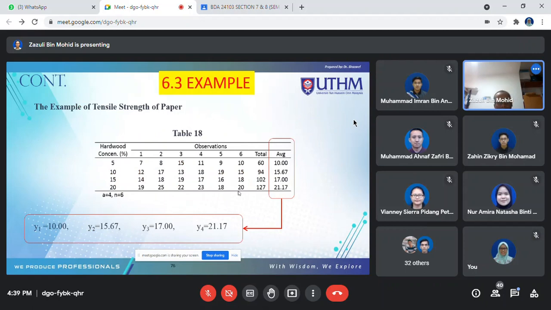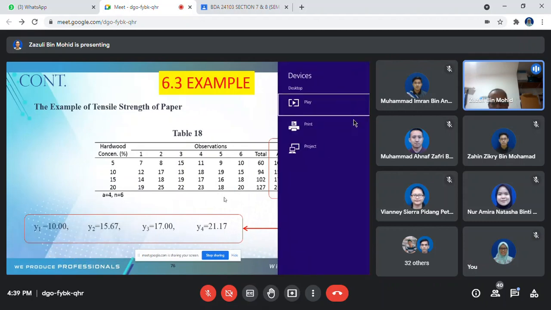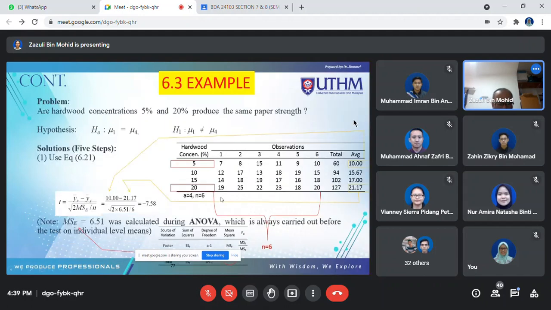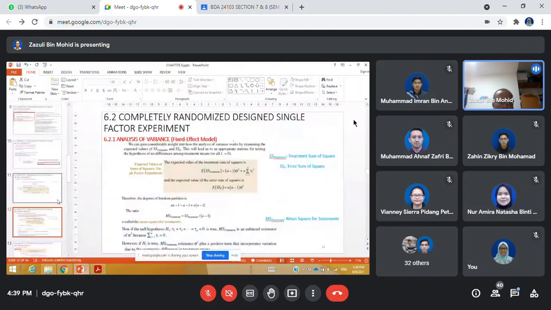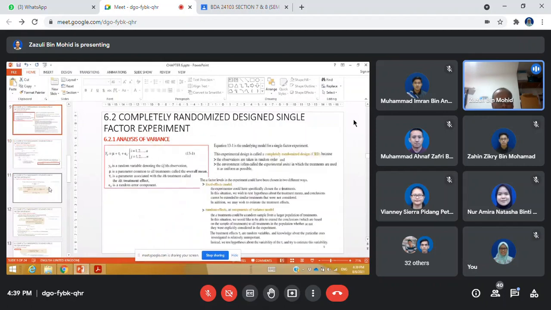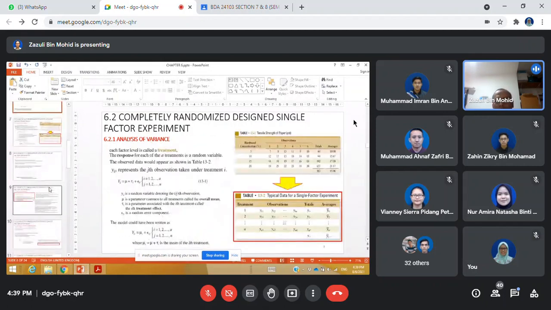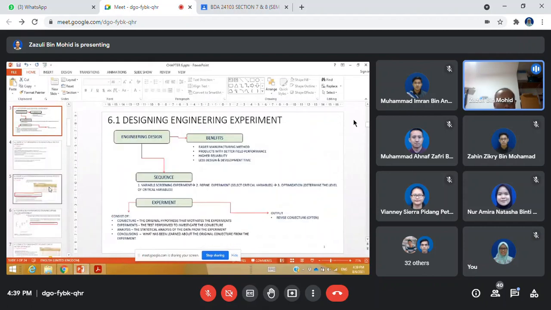So using the same data to show you the calculation of how we are going to do the judgment. Actually, if we look at the second slides of chapter 6, I arranged these slides so that you can understand which data come from which data.